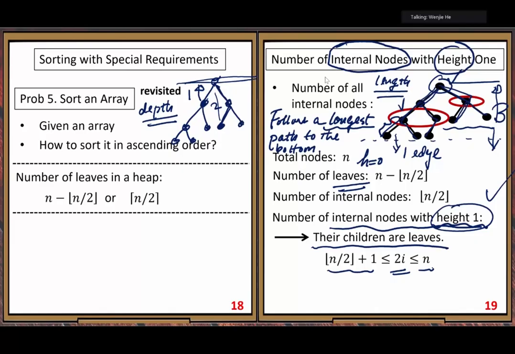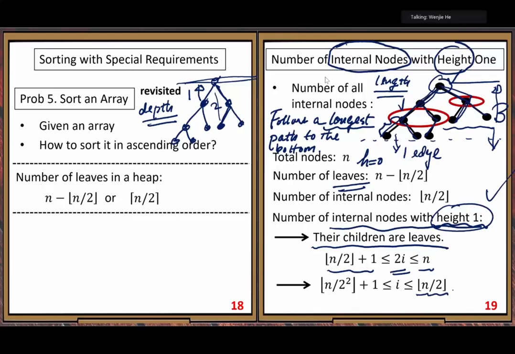We divide by 2. But for our upper bound and lower bound, when we do the division, we want to use an integer expression. When you divide by 2, sometimes it may not be an integer, so you need to convert it to an integer expression.